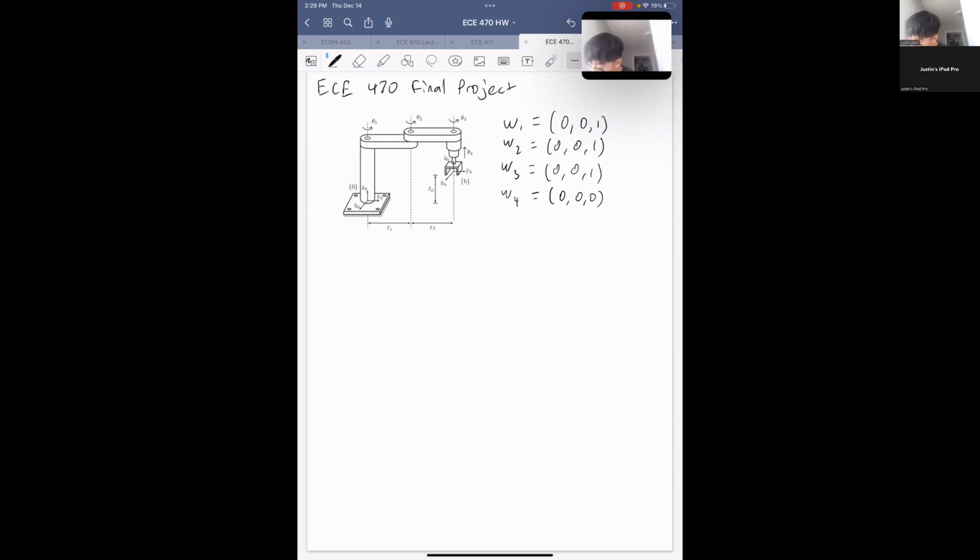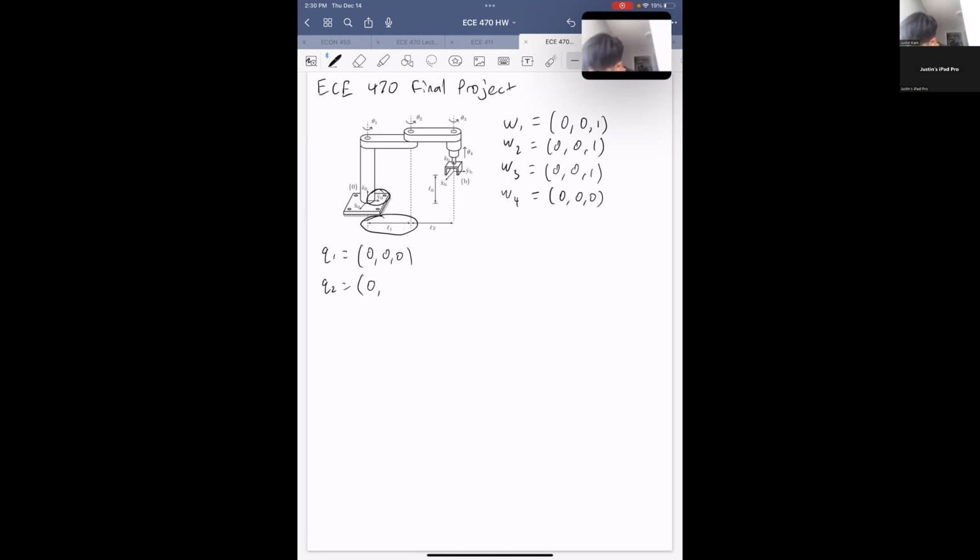Now we're going to solve for the q vectors, which are the positions of the rotation axes with regards to the space frame. So q1 is aligned with the initial space frame. So it's going to be 0, 0, 0. q2 we see is offset by distance L1 in the y0 direction.